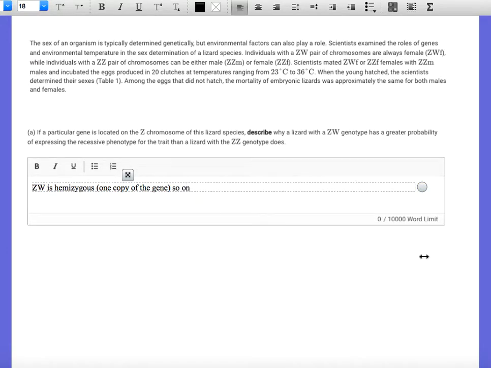Right. So basically, one recessive allele is all it takes to show the recessive phenotype in the ZW individual. Just like, I am colorblind, I only have one copy of the color vision allele because my other chromosome is a Y chromosome.